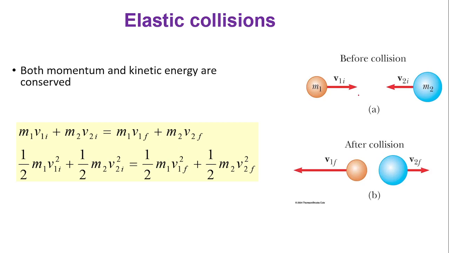So when there is a collision like this one, you have to understand that this object and that object will hit each other, maybe they will bounce back. That means that the kinetic energy has been conserved, and the momentum has also been conserved.